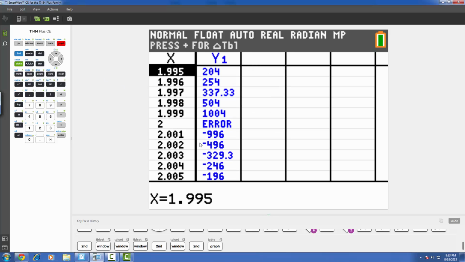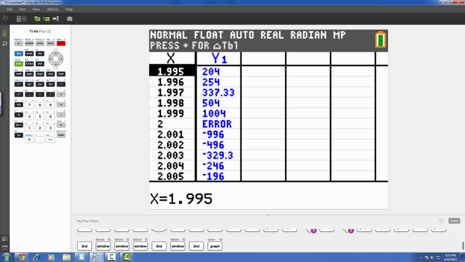And now when we compare things to the right of 2, in other words, when you are approaching 2 from the right side, we see that at 2.001 we end up with negative 996, and then at 2.002 we're at negative 496.